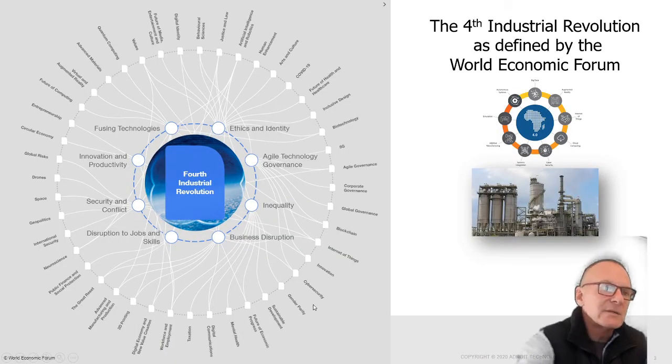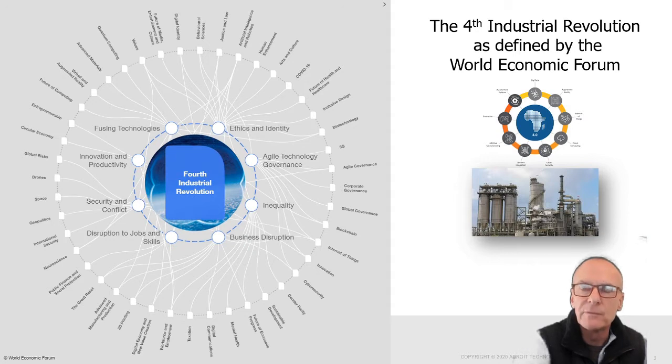So what does this fourth industrial revolution really mean? We often hear it in our own context in terms of the industrial world, but it's a huge concept that is being mooted around the world, hopefully trying to change the world a little bit into a better place. If you look at this mind map of the fourth industrial revolution as defined by the World Economic Forum, it's a huge concept in terms of delivery.